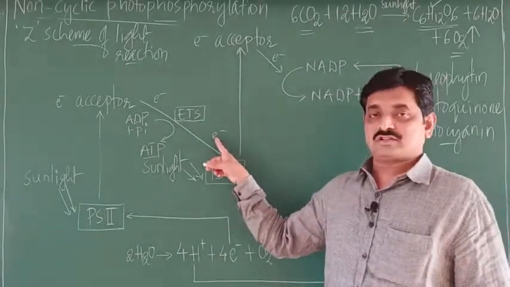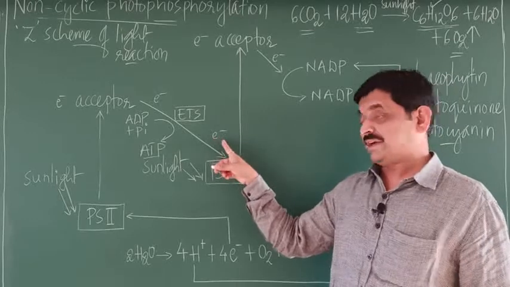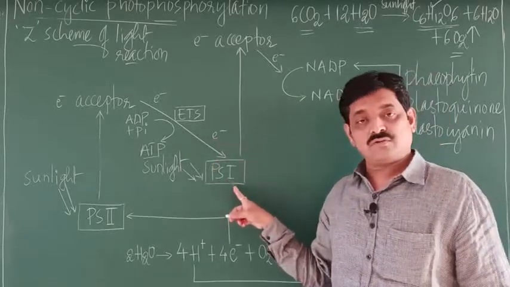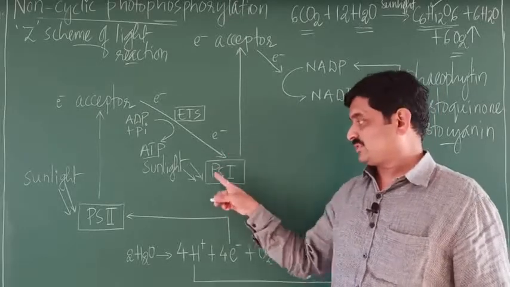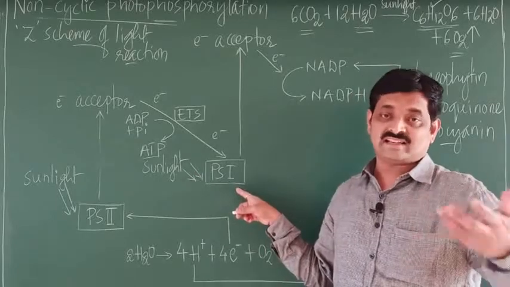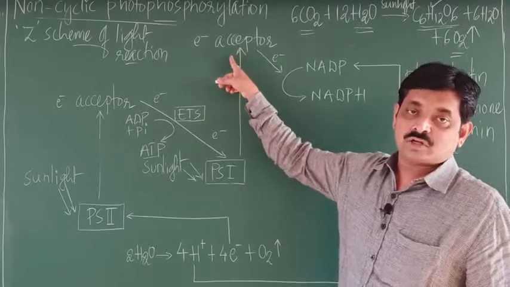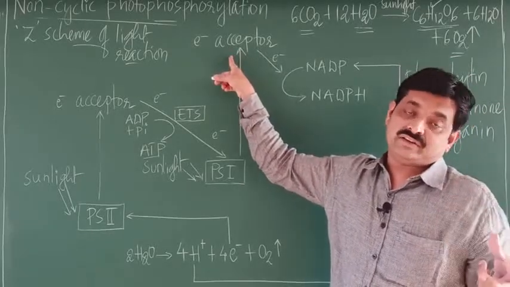Now, electrons from photosystem 2 are transported through electron carriers to photosystem 1. Photosystem 1 receives the electrons and the sunlight, the pigment becomes excited, jumps to the excited state, and donates the electron to the electron acceptor or electron carrier.